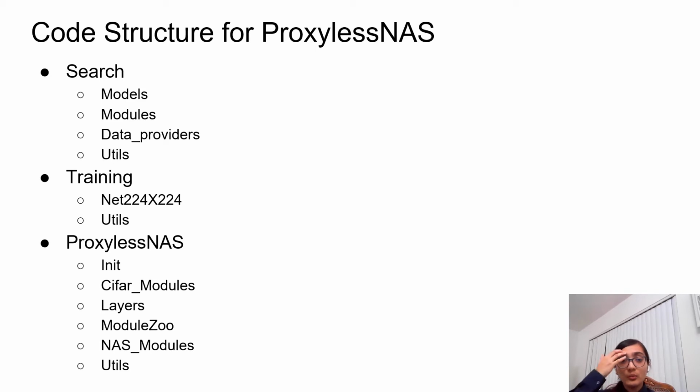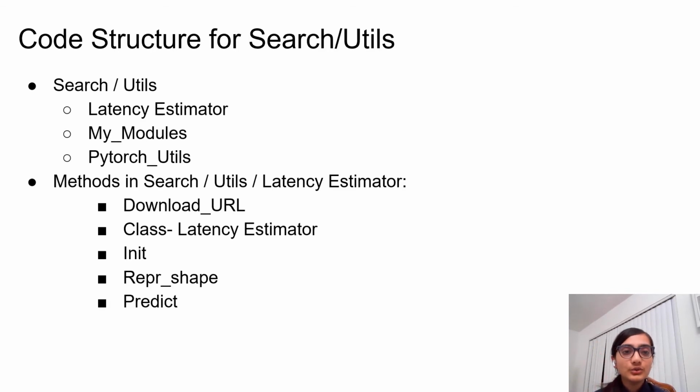We'll first go over what search utils consist of. Search utils has three main classes: latency estimator, my modules, and PyUtils. These are the three programs executed in the utils module.